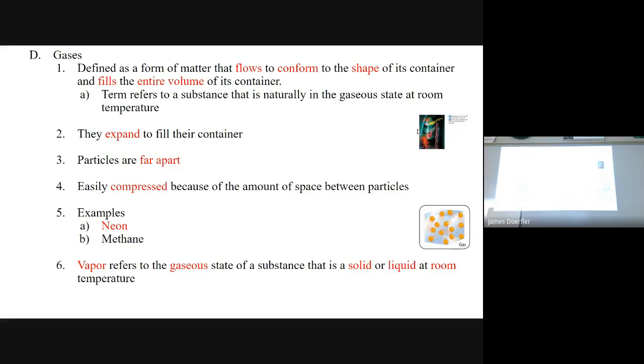Oftentimes it takes heating up for it to turn into a vapor or gas state. So gases are gases naturally at room temperature. Vapors are either solids or liquids at room temperature and require heating.